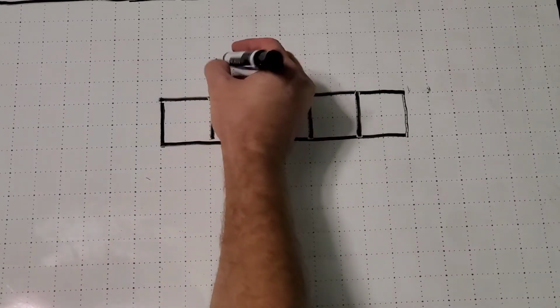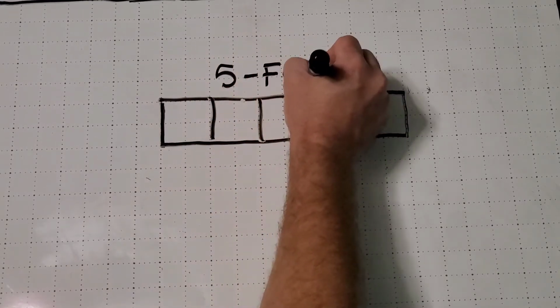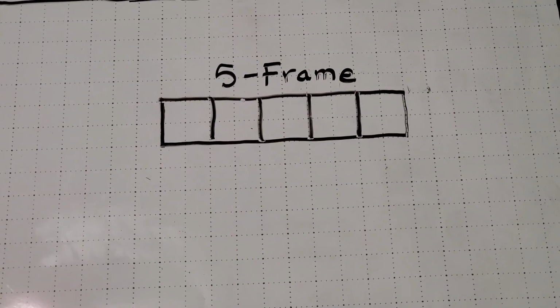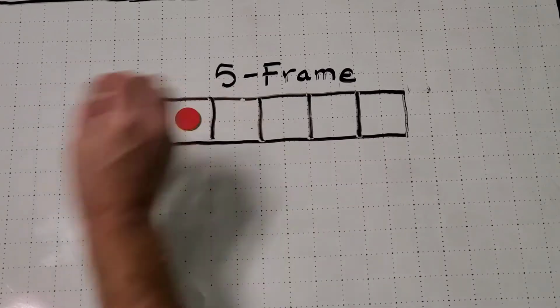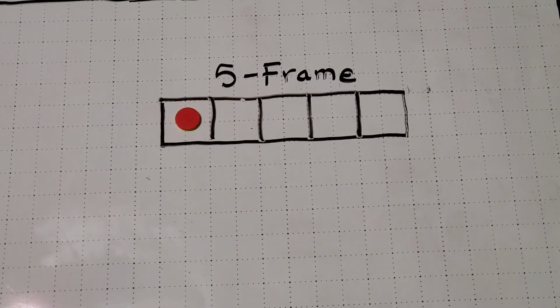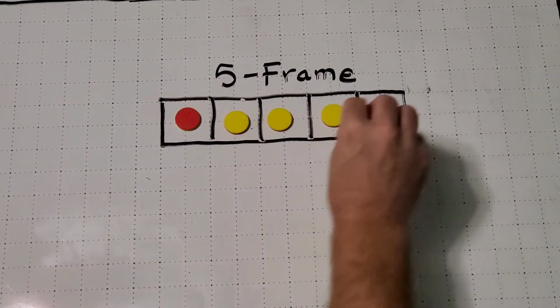Another tool that kindergartners use to help develop fluency within 5 is called a 5 frame. A 5 frame helps us visualize what 5 looks like. I have 5 spaces, so if I have 1 dot, how many more do I need to make a 5? I would need 1, 2, 3, 4.